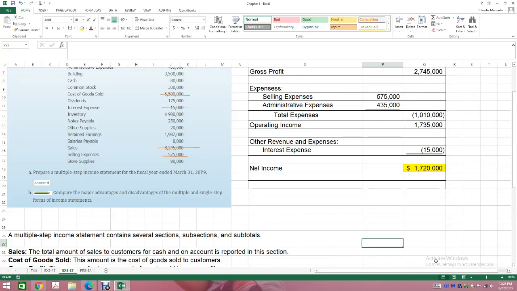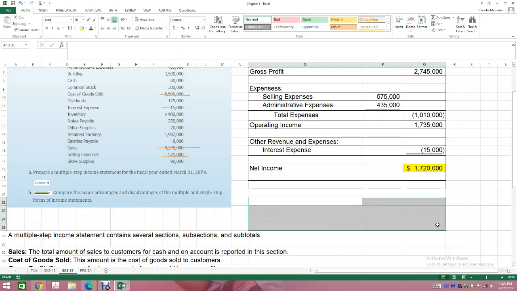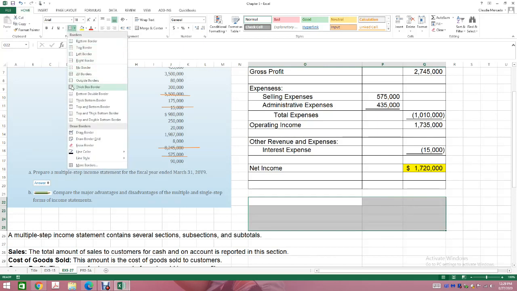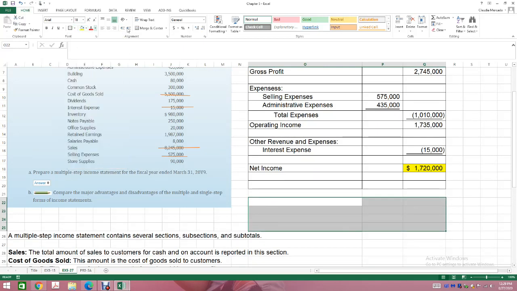It says compare the major advantages and disadvantages of the multiple and single step forms of the income statement. So let me put a little text box here so I can answer that question. Let me type.